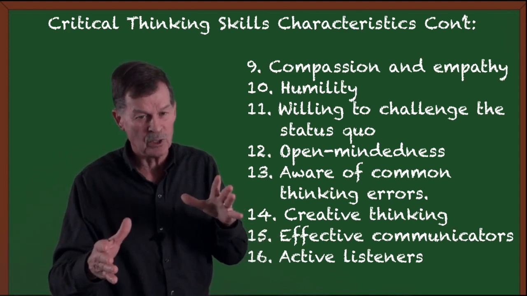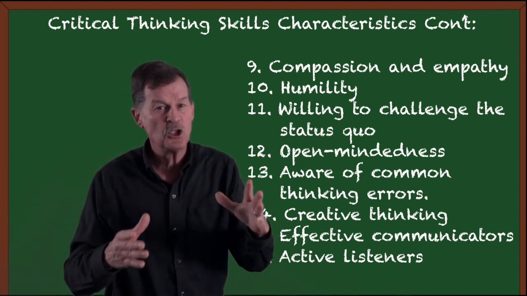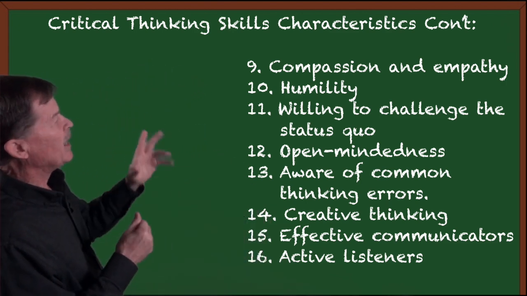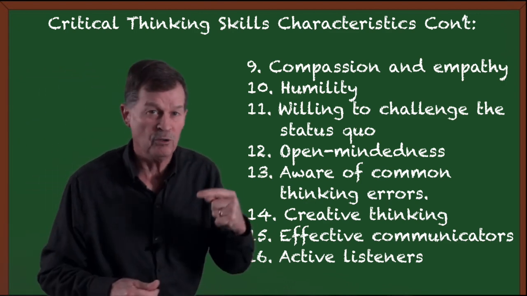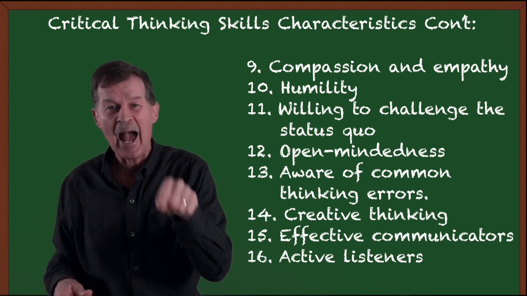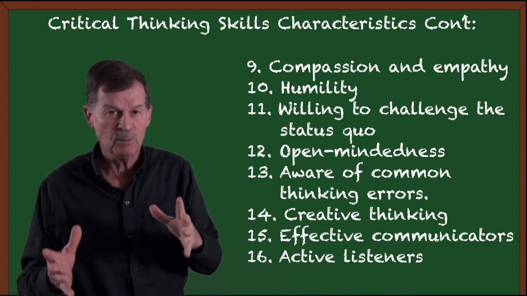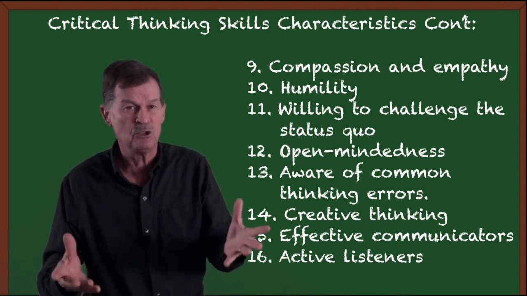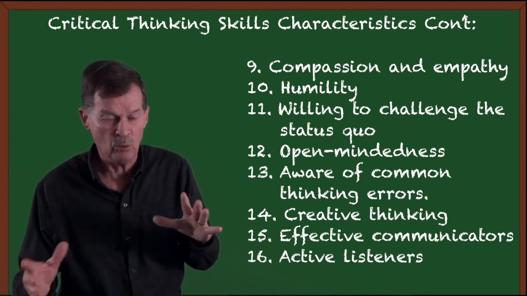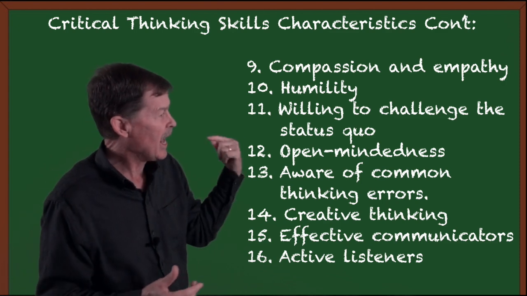We need to express and show how we are processing the information. And we need to be active listeners. So if someone else is effectively communicating, we need to be actively listening, which means that we're not just there absorbing or watching visuals, but we are engaged and actively listening.